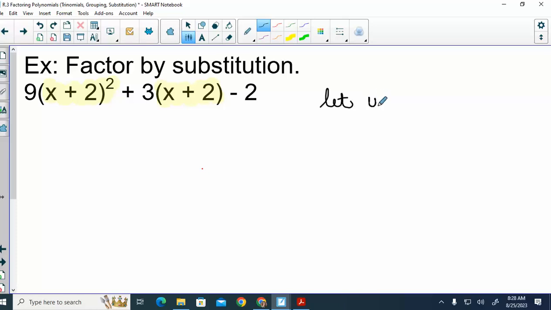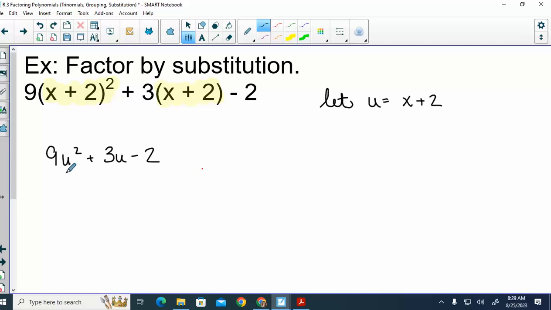So I'm going to say u, and I'm going to let it equal that parenthesis, x plus 2. So if I replace that in my problem, every time I see an x plus 2, I'm just going to write u. So then I have 9u squared plus 3u minus 2. Does that look like something we could easily factor?